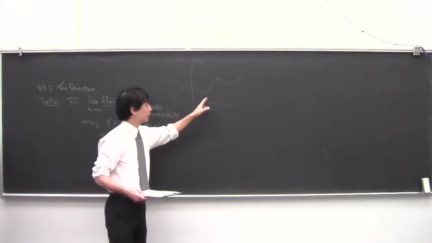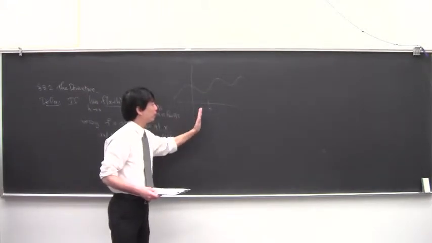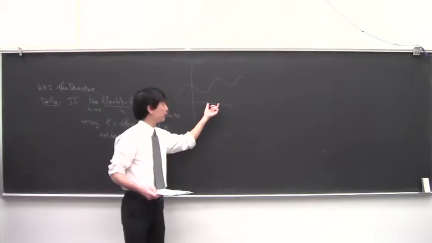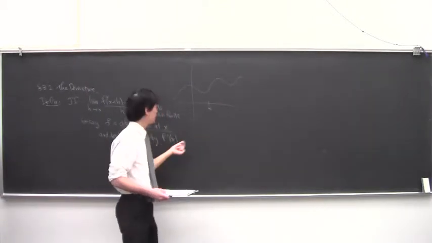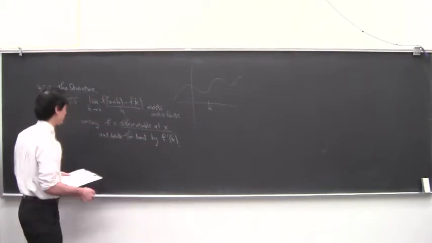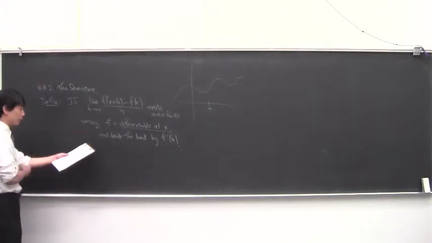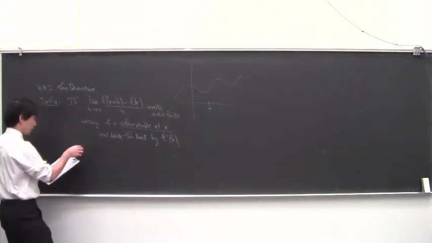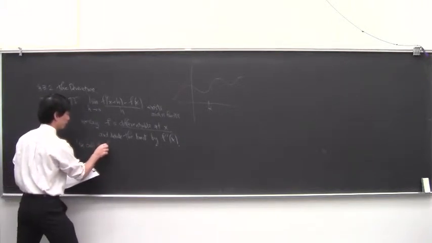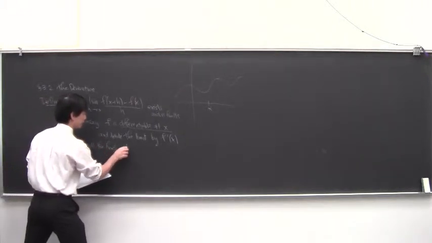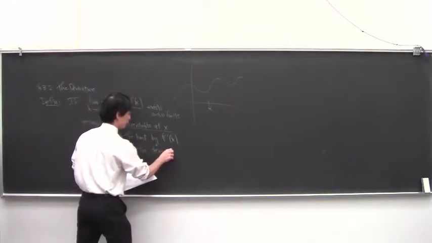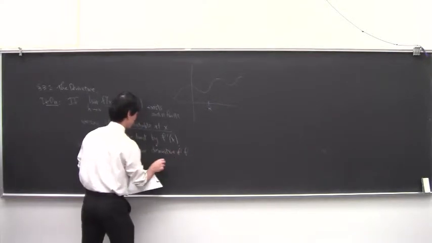So if at that point the slopes of the secant lines tend to a limit as you let the second point tend towards the first, then we say the function is differentiable there, and denote the limit by that. We call the function f prime x, f prime, the derivative of f.